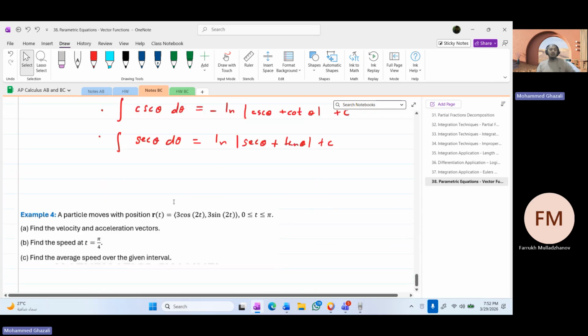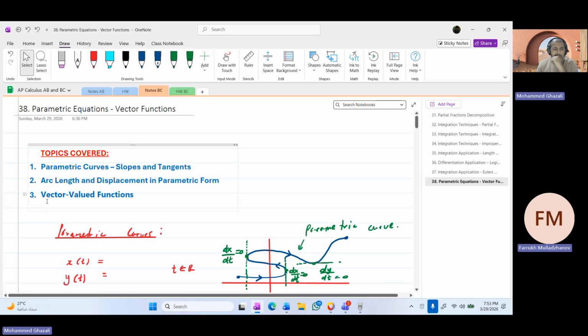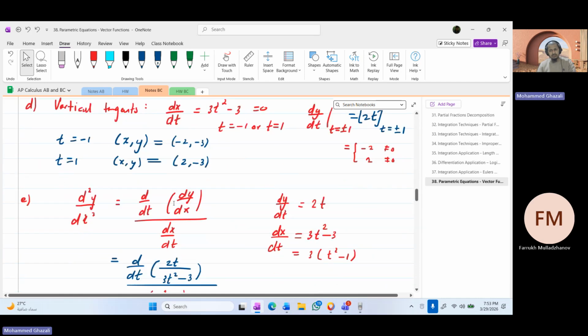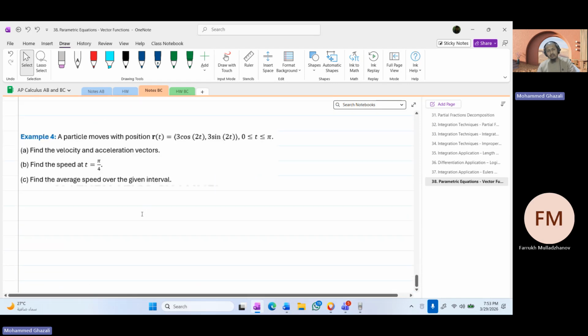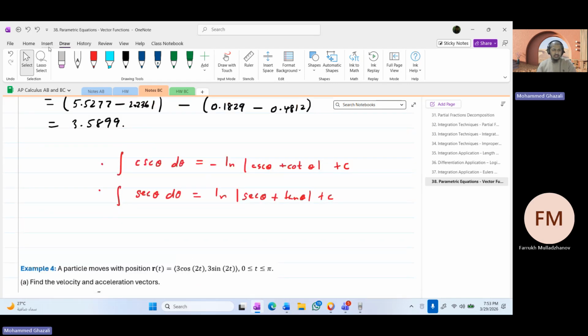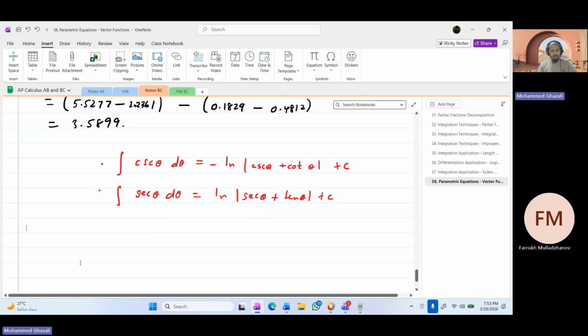Right, great. Now, let's move on to the last part. The last part, you understood everything there, right? Yeah. The last part is vector valued function. In vector valued function, what we do is we find the position vector, the velocity vector, and the acceleration. So that's what we're looking at.